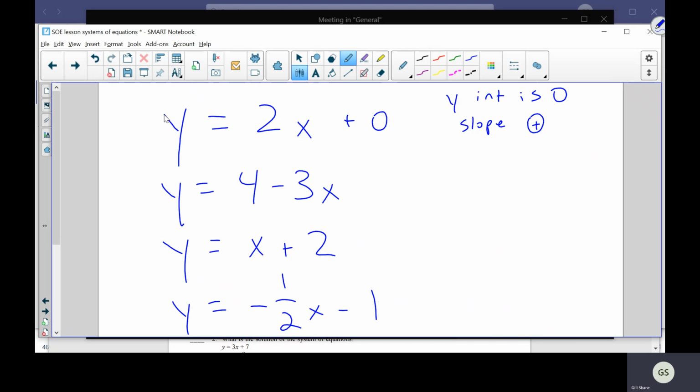All right, next one. What is the y-intercept on the next one? y equals 4 subtract 3x. What is it? 4. Everybody agree with that? It is 4.